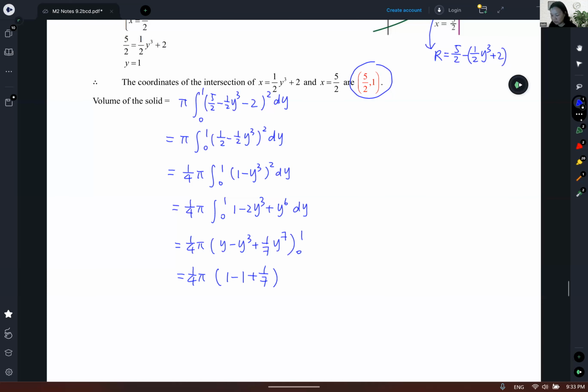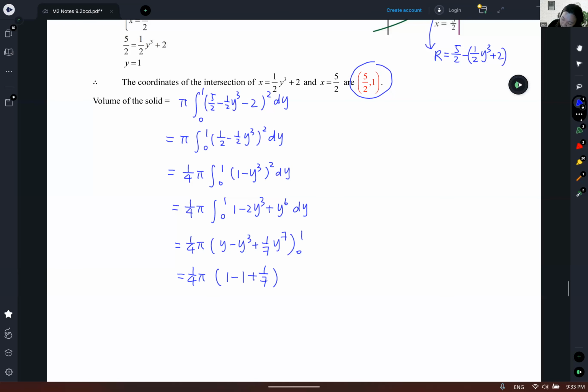2y cubed should be 1 over 2 y to the power 4. The integration of 2y cubed. Oh. I don't know what I am doing.